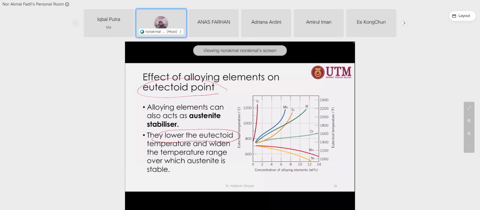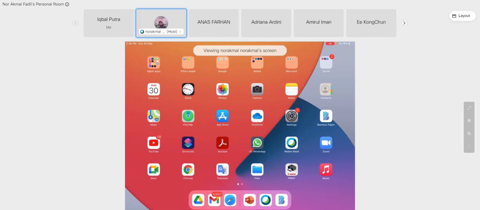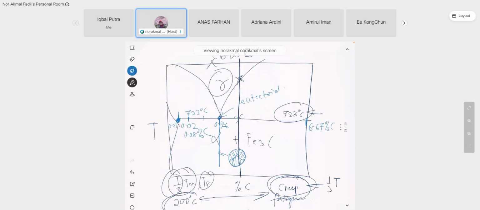If you look at this, for example, you compare molybdenum and chromium. If you have 6% of molybdenum and chromium, what is the adjustment on the eutectoid temperature? In the normal iron-carbon phase diagram, the eutectoid temperature is 723 degrees Celsius.